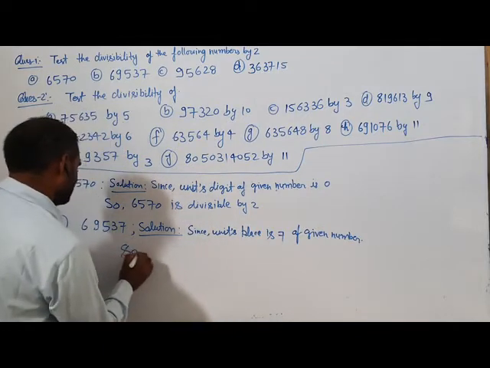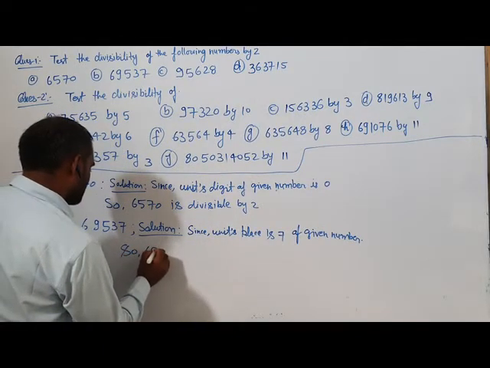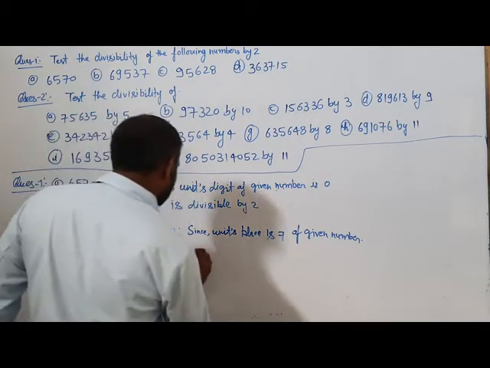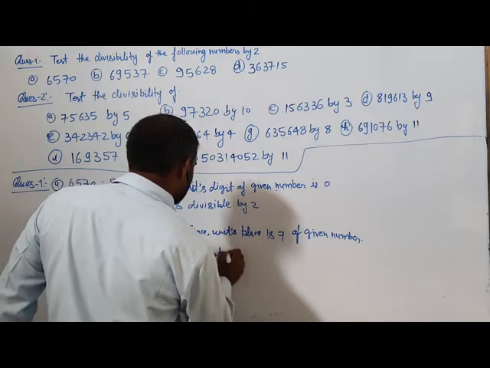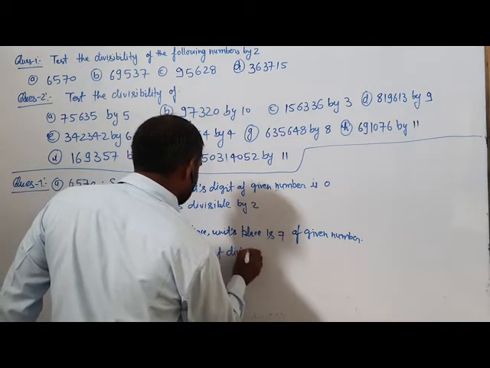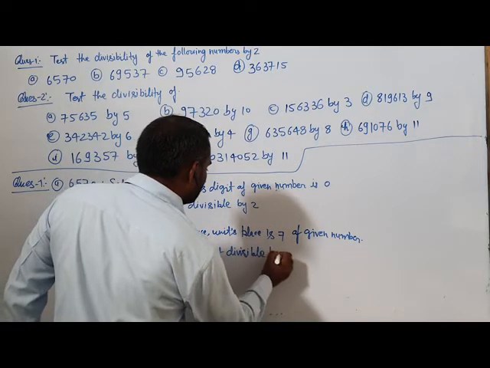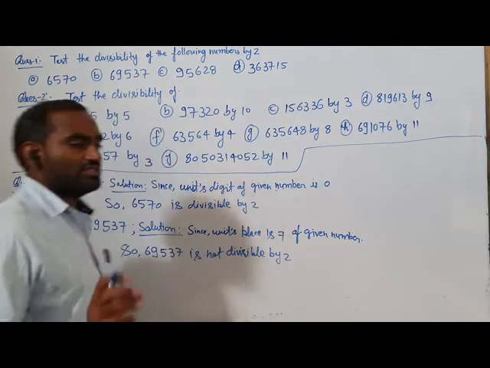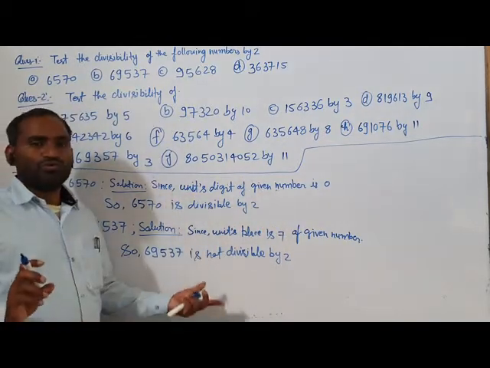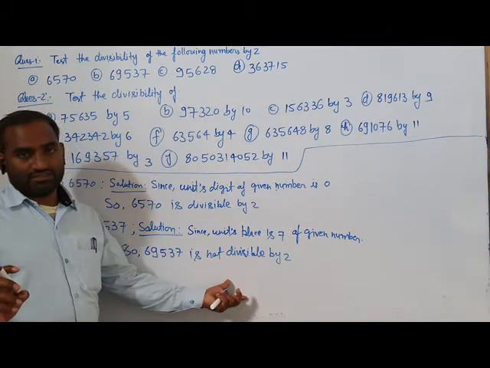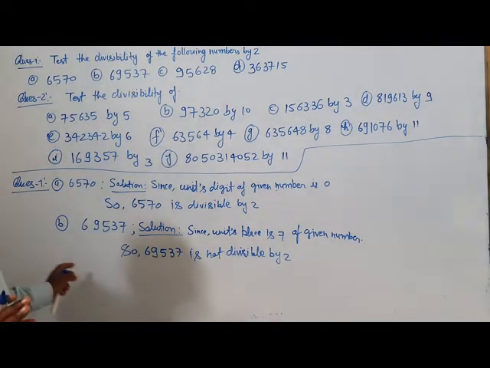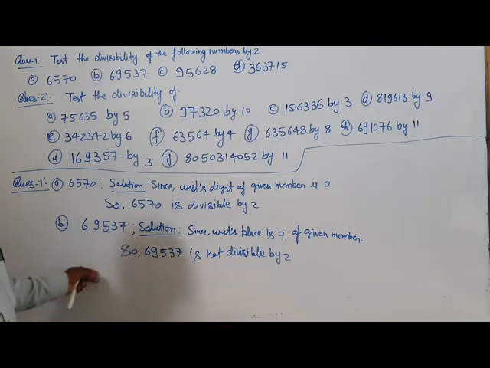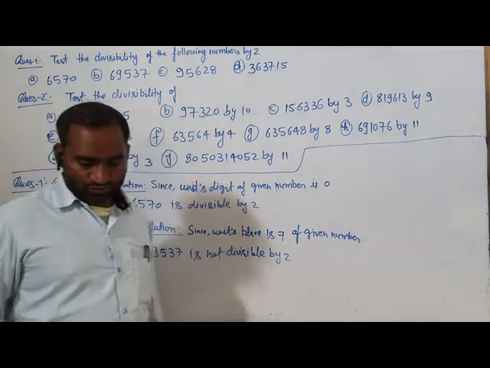So 69,537 is not divisible by 2, because if the unit place of any number is 0, 2, 4, 6, 8, then the number will be divisible by 2. But here the unit place is 7, so it is not divisible by 2.